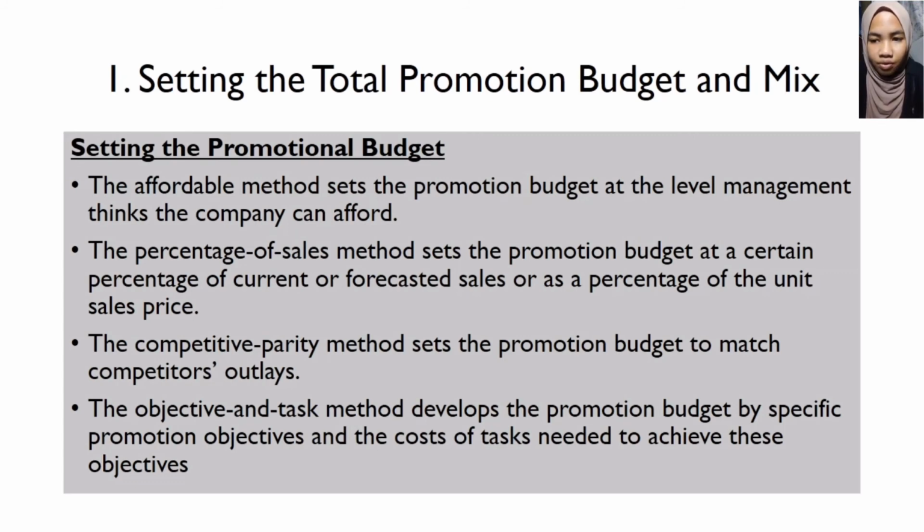The percentage of sales method sets the promotion budget at a certain percentage of current or forecasted sales or as a percentage of the unit sale price. The competitive parity method sets the promotion budget to match competitors' outlays. And the objective and task method develops the promotion budget by defining specific promotion objectives and the cost of tasks needed to achieve these objectives.